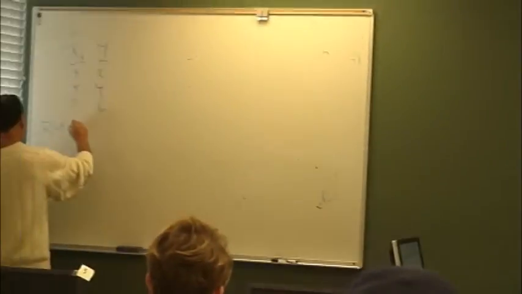Okay, so we're going to have x1, which is 3, 5, and 7, and 2, 4, and 6, and y, 2, 4, and 6. And we already know the mean here is what, everybody? 5, and the mean here is 4.